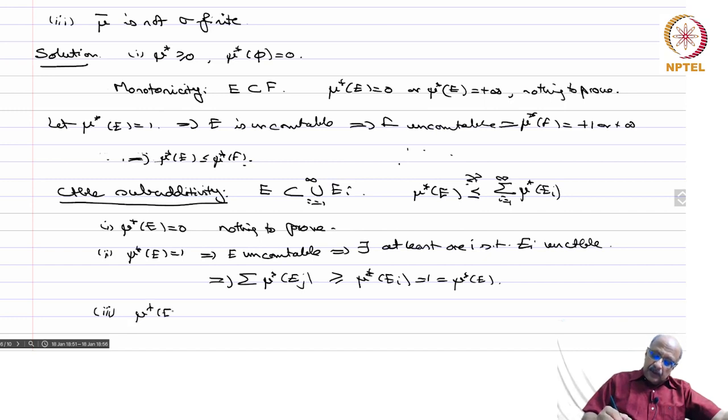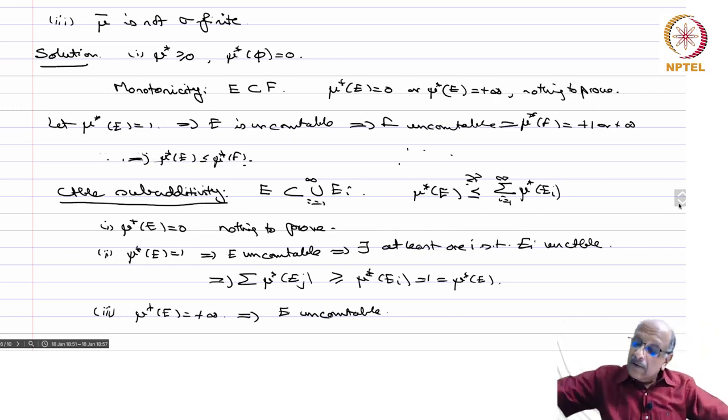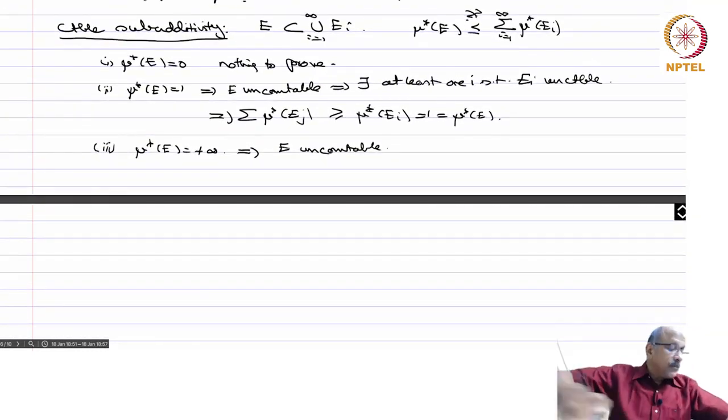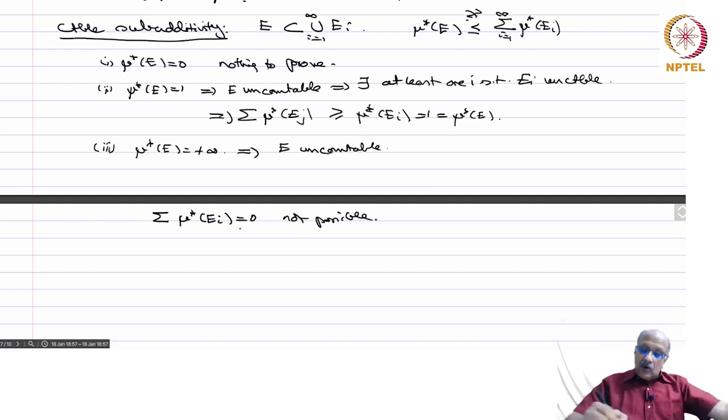Suppose mu star of E equals plus infinity. This implies that E is uncountable, and in particular it means much more, so we have to look at various possibilities. Sigma mu star of EI equal to 0 is not possible, because then all the EIs would have mu star EI equal to 0. That means all the EIs are at most countable, and therefore the union will be countable, which is not possible because it contains an uncountable set.